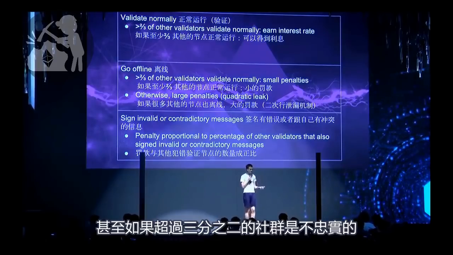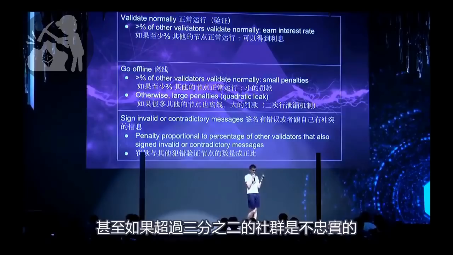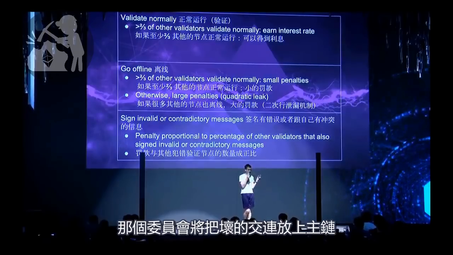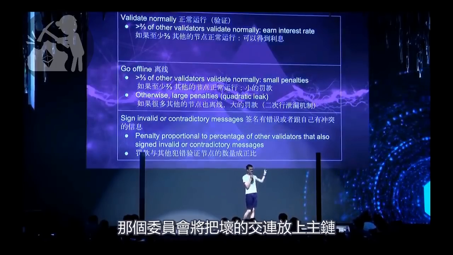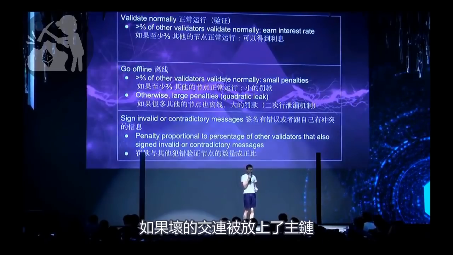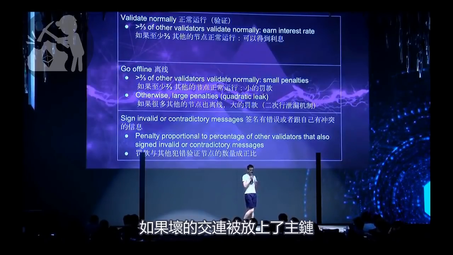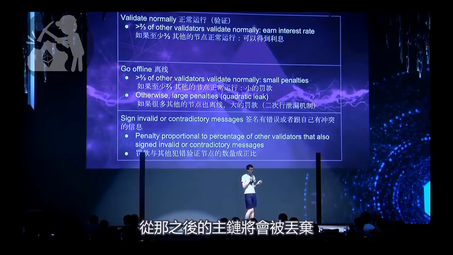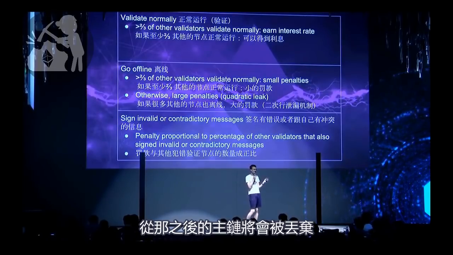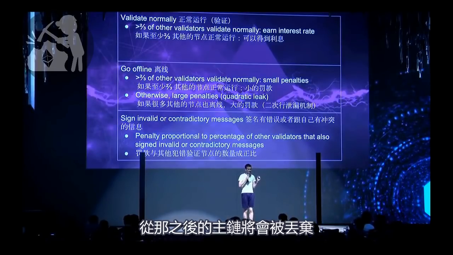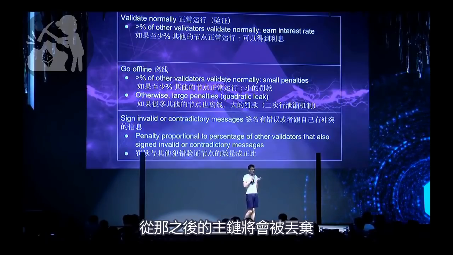If even 2/3 of one committee is dishonest, then that committee can put a bad crosslink into the main chain. And if the bad crosslink actually gets into the main chain, then as soon as the fact that the crosslink is bad is detected across the network, the entire main chain after that point would have to be discarded.